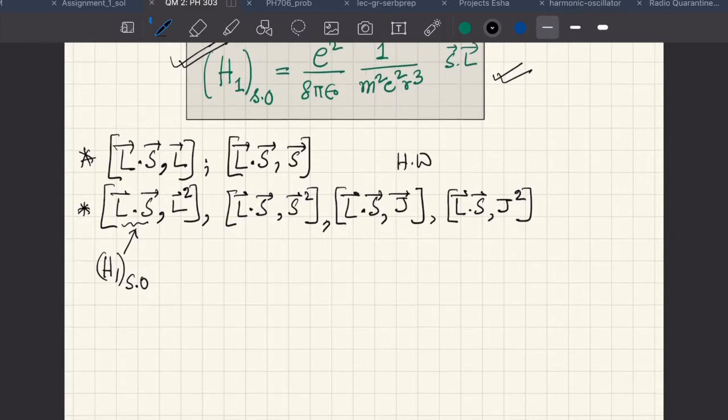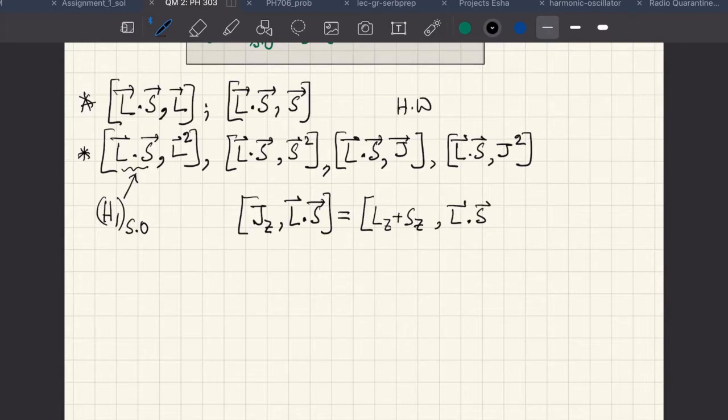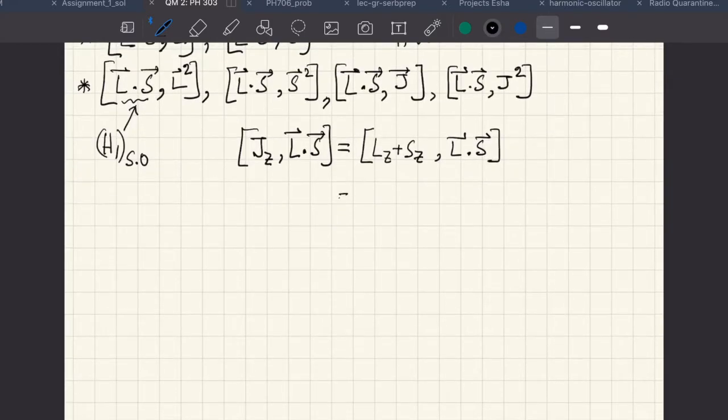For example, one step I can show, if you try to calculate say JZ with L dot S, how should you proceed? Because JZ is nothing but LZ plus SZ, we can write it like this: LZ plus SZ with LX SX plus LY SY plus LZ SZ.